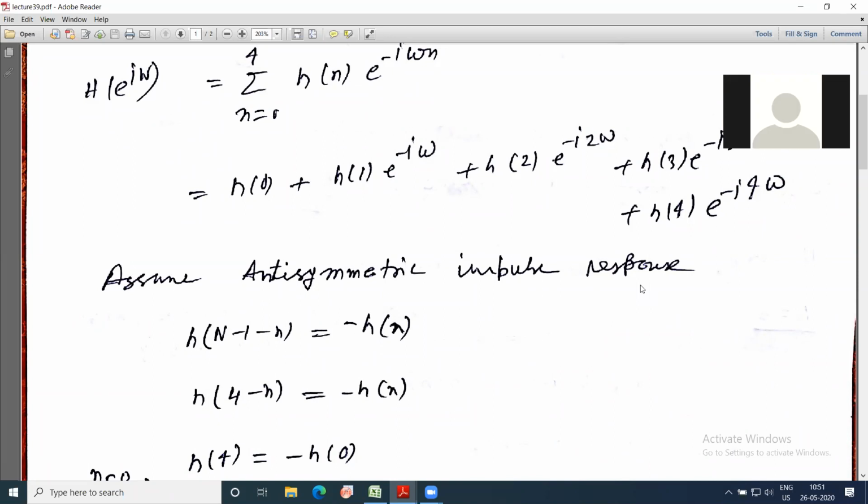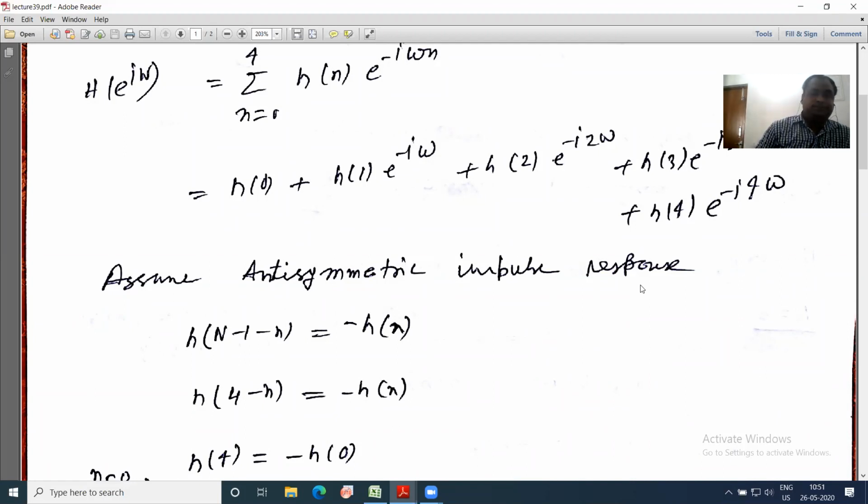First, we discussed n odd with symmetric impulse response, with center of symmetry n minus 1 by 2. So there are two cases, odd and even, and we found the general expression. Now we are discussing the antisymmetric impulse response, which means h of n minus 1 minus n equals minus hn.